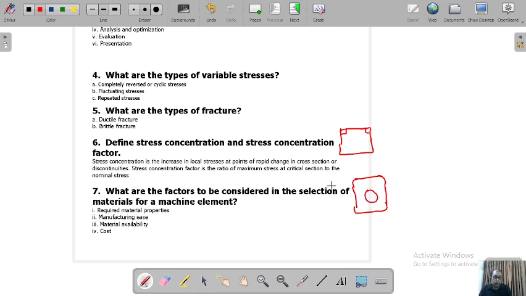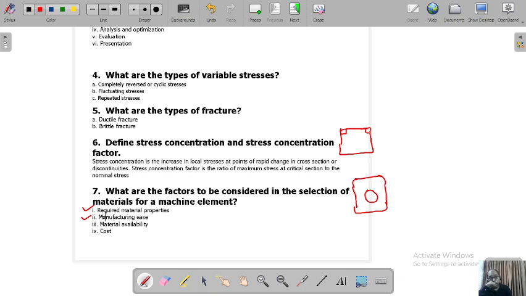Remember this. What are the factors to be considered in the selection of materials for machine elements? First, the required material properties. For the selection of a machine element, you need material properties, which is very important. You need ease of manufacturing, that the manufacturing process selected is easy. It does not depend upon several different manufacturing processes for the assembly.